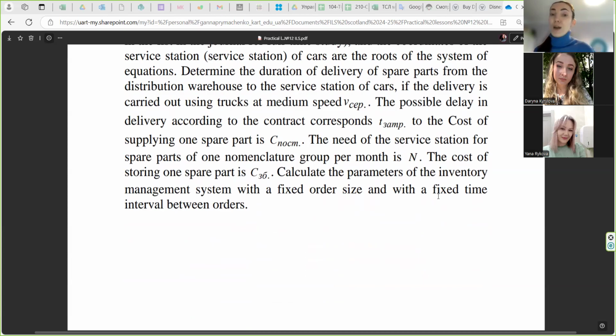So today we need to find these parameters. One is the time between different deliveries, and we need to find how much cargo we need to deliver to our warehouse every period. So we need to find this information today.